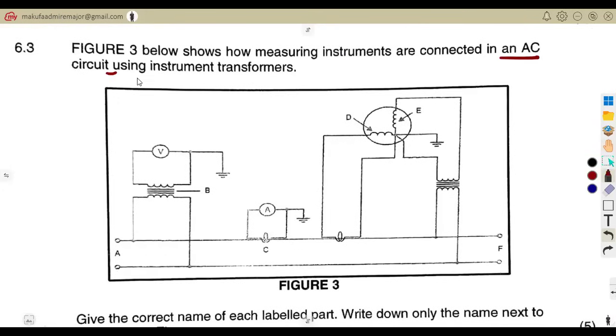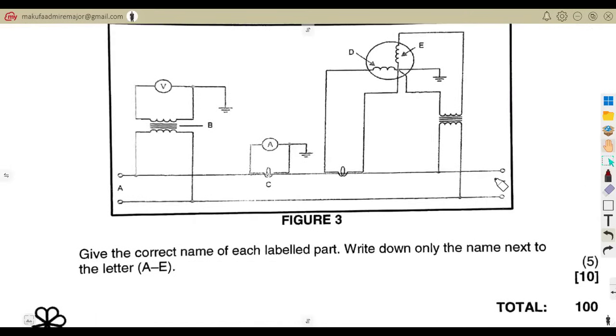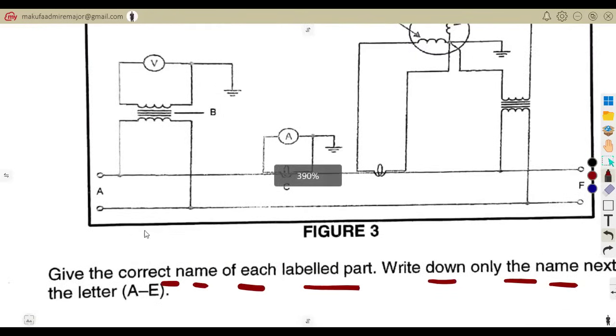AC circuit using instrument transformers. Now they are saying, from that, give the correct name of each labeled part. Write down only the name next to the letters. All right. What is A representing? That is our supply. Then B is our transformer, and this is called the potential transformer.